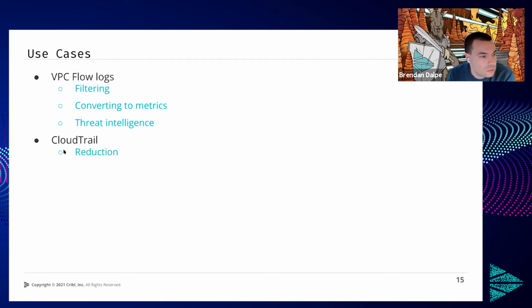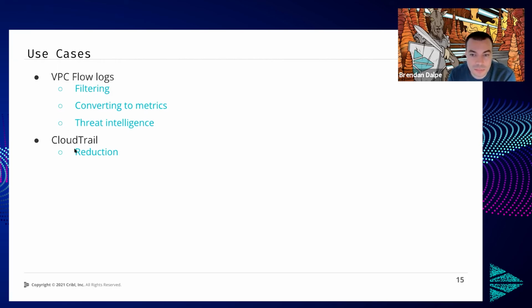And then CloudTrail, similar idea, reduction of logs that are coming in. CloudTrail will literally show you every single API call that you make inside the console. Listing the home page fires off about 50 different API requests to get information that's inside AWS. A lot of that is noise that, for instance, security teams, I really don't need to know that people are accessing read API operations.